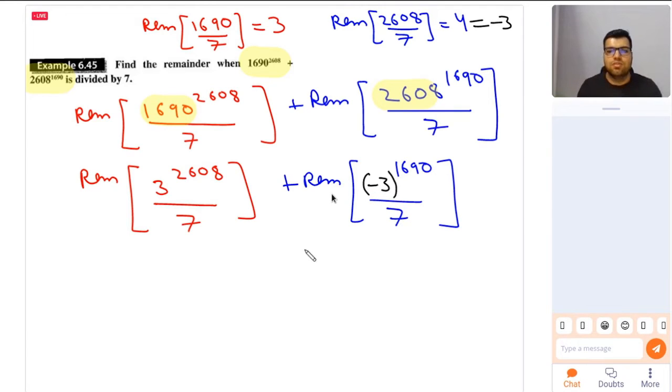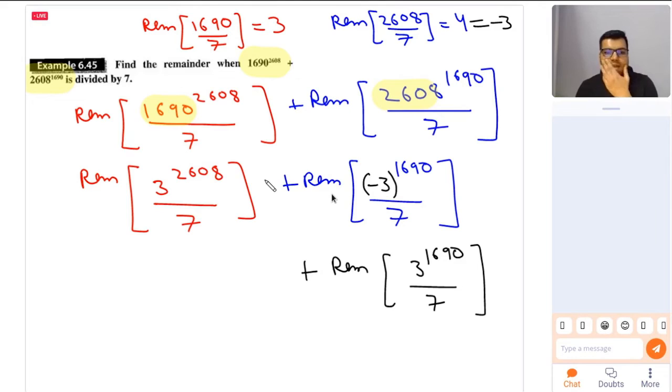So this thing will become plus remainder of, so minus 1 raised to power even, this is 1. So this is 3 raised to power 1690 divided by 7. And here we already have remainder of 3 raised to power 2608 divided by 7. Okay, so let me write it.